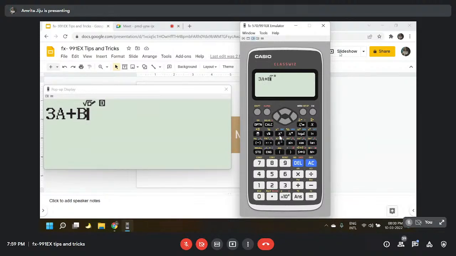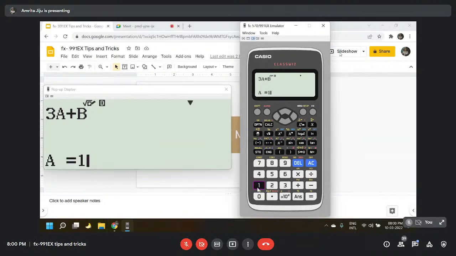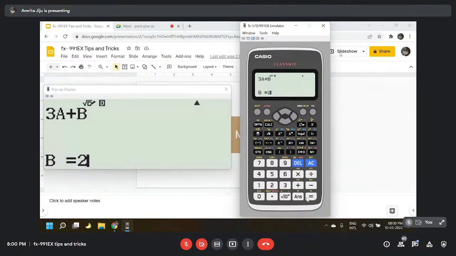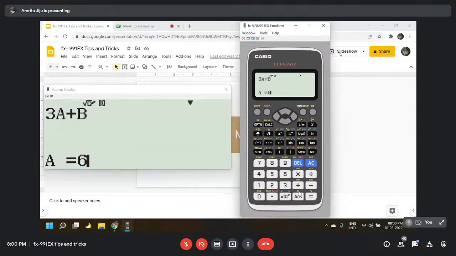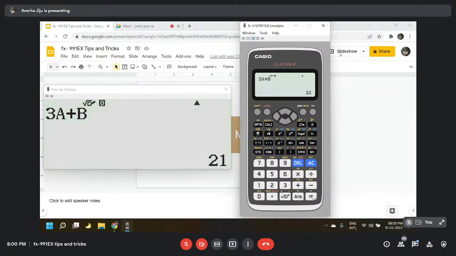Then hit the calculate button, and say I want to set the value of A equal to 1 and B equal to 2. You're supposed to get the answer 5. If you want to calculate with different numbers, you just hit calculate again, enter 6, hit equals, then 3, hit equals. You get the value of 3A plus B for those values.